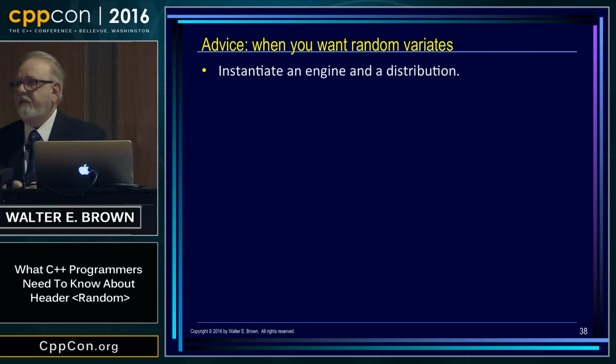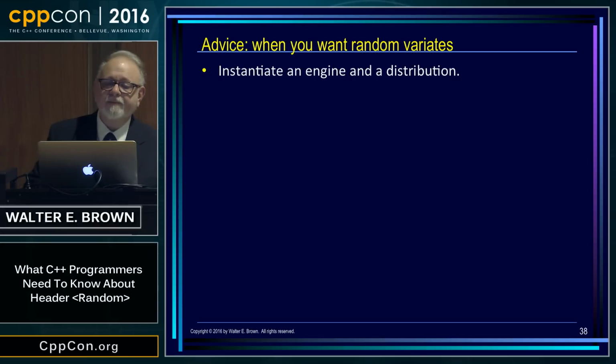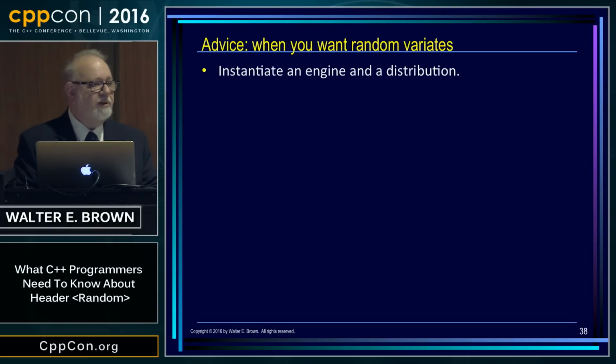So, if you want a random variate, typically what you're going to do is instantiate an engine and a distribution. You get to choose which. You get to pick the parameters of the distribution, both the template argument and the constructor argument.